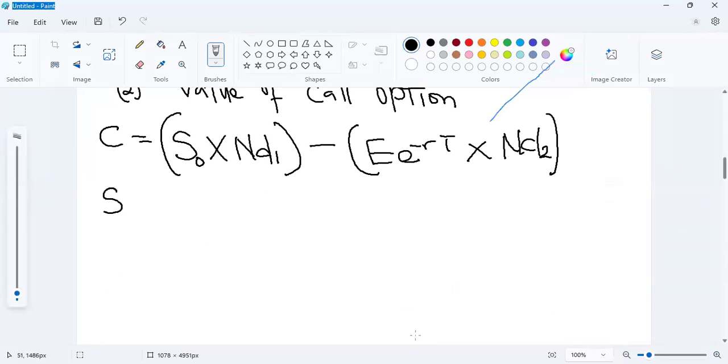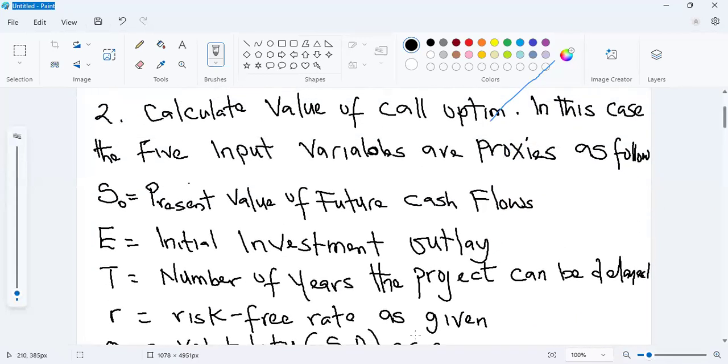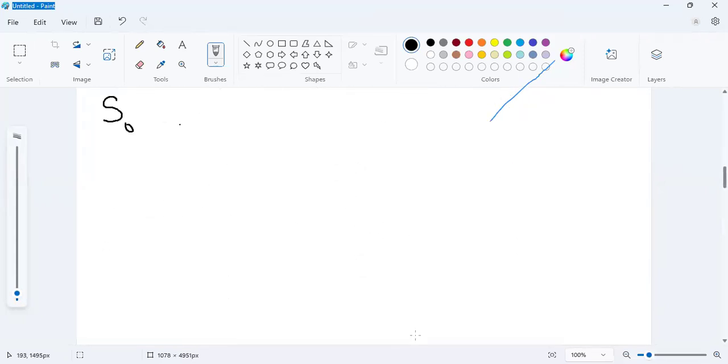Our XO, look at it here, we define it not too long. Step 2, calculate value of put. In this case, 5 input variables are processed as follows. Present value of future cash flows. Please go and look at the question. What is the present value of future cash flow? 4,000.